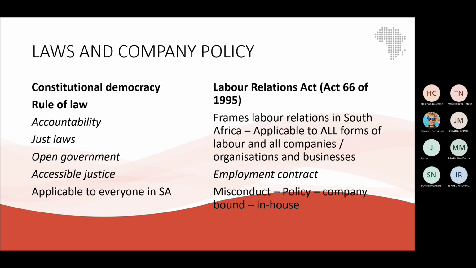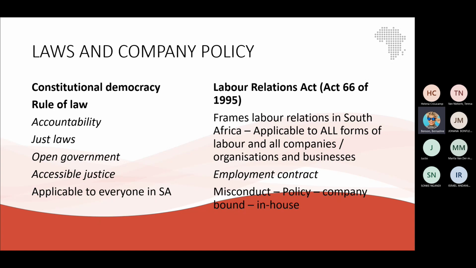Company policy is the second set of rules we are going to be talking about. Companies set rules in place, and this tells the employee how they should and should not act.